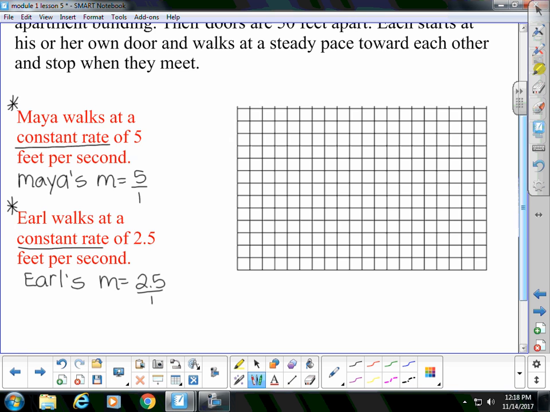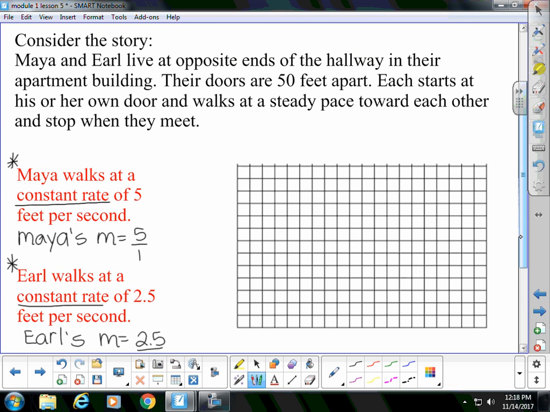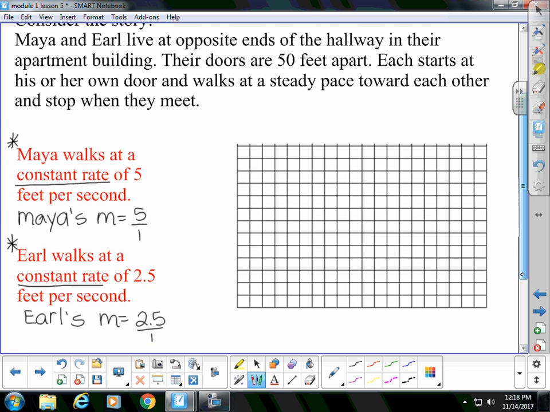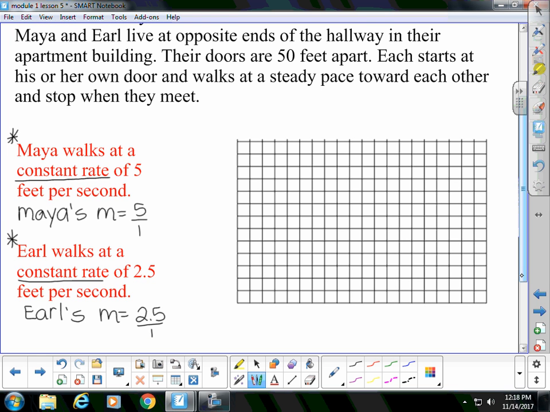Now, what they tell us in the story is that they are on opposite ends of the hallway and their doors are 50 feet apart. They didn't tell us which end of the hallway they're on, so I'm going to start with Maya at the top of the graph and Earl at the bottom. You could do this vice versa, it wouldn't really matter. Notice our graph is missing some numbers, so we're going to have to label our graph.